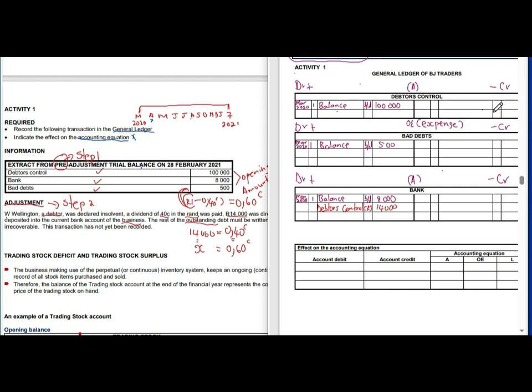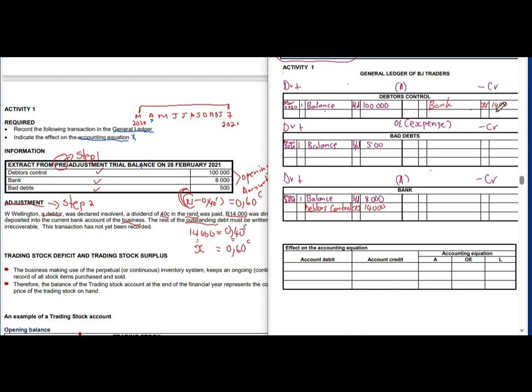Whenever a debtor settles the amount owing, our debtors control account will decrease, because we received money from the debtor. We write that we received the money in the bank as CRJ of 14,000.